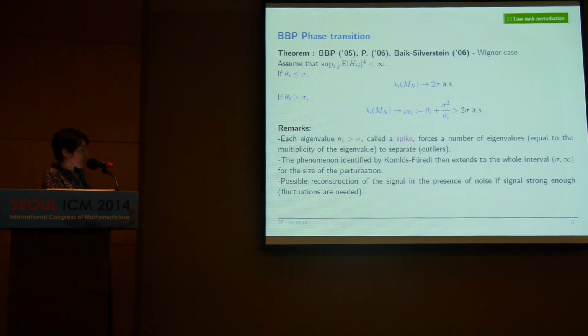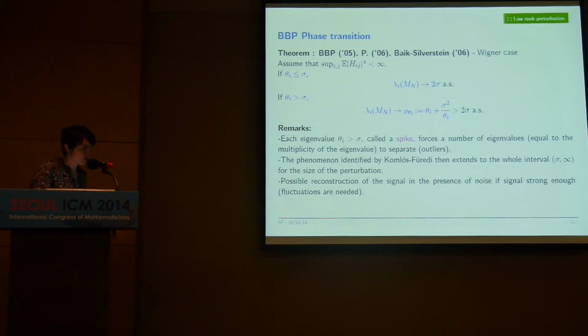But as soon as A has one eigenvalue greater than this threshold sigma, then the largest eigenvalue will separate from the rest of the spectrum, and it will converge to some value rho theta I, which is greater than sigma.